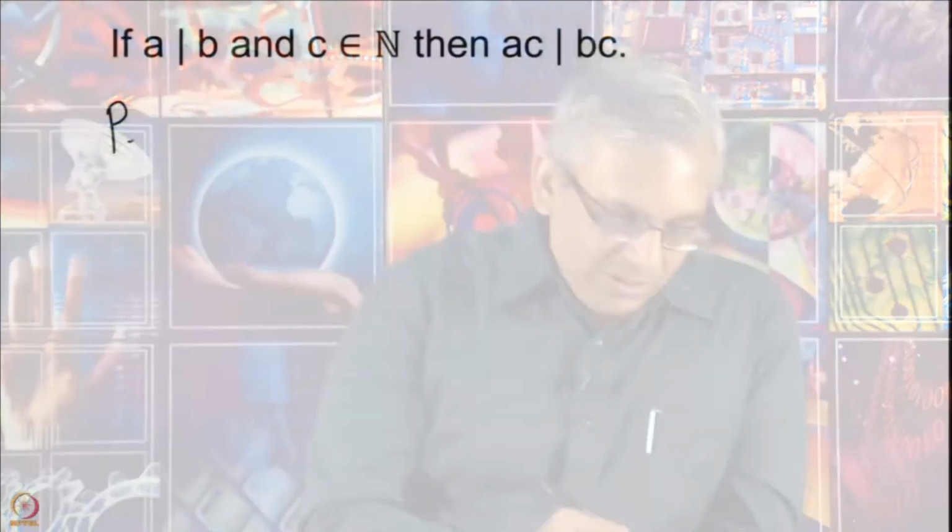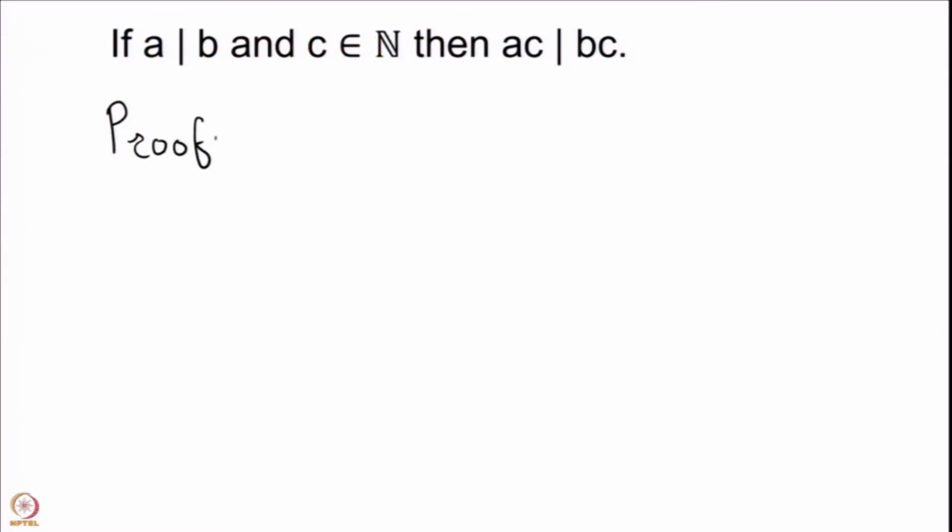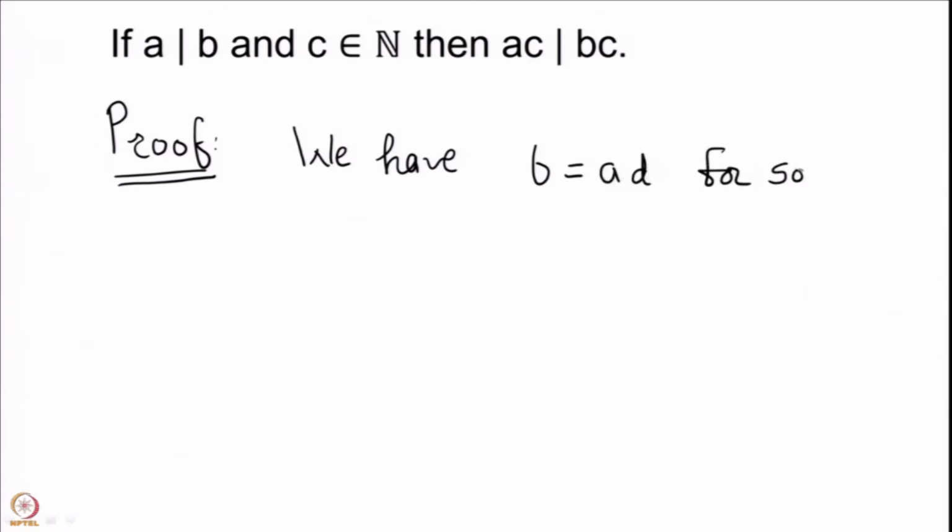Okay. So, your minute is up and let me now attempt to give you a proof. We are given that A divides B. So, we have B equal to A into D for some D in N. A divides B, so B is A into a natural number.